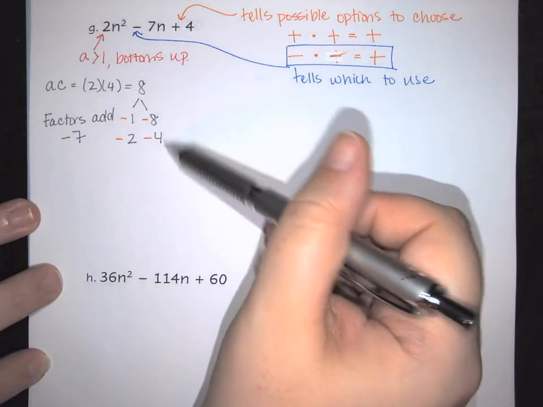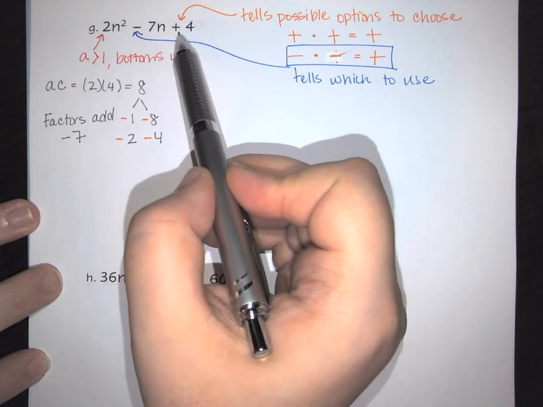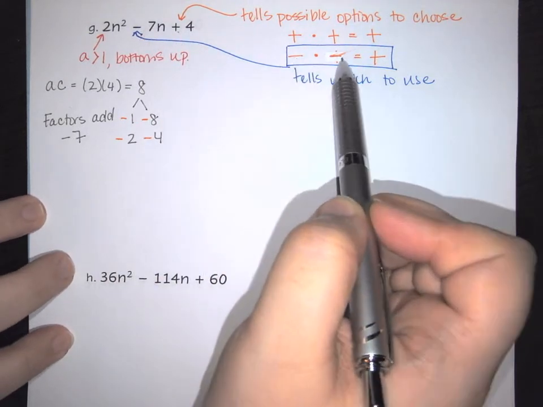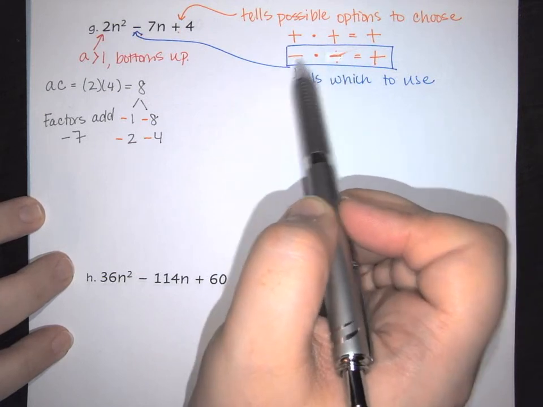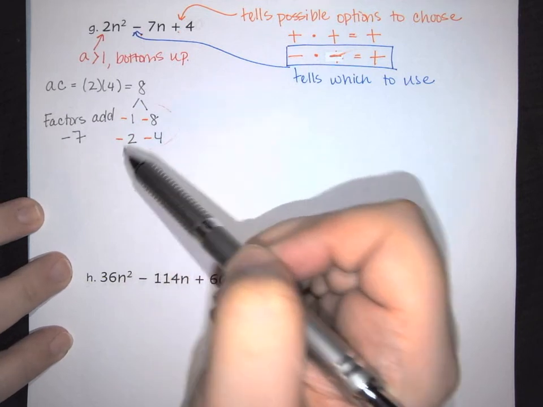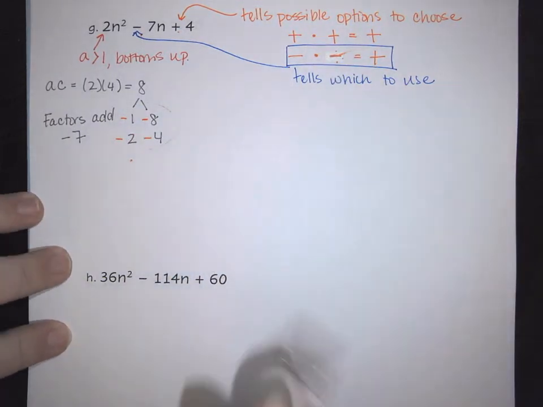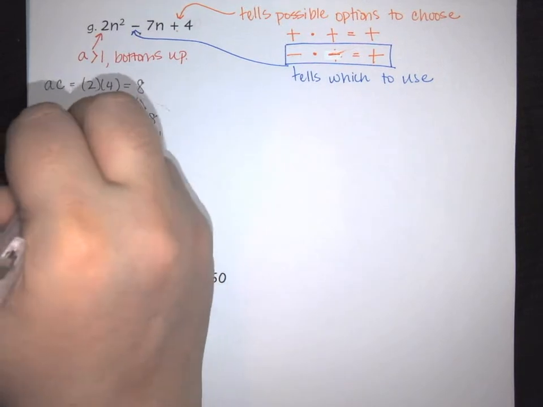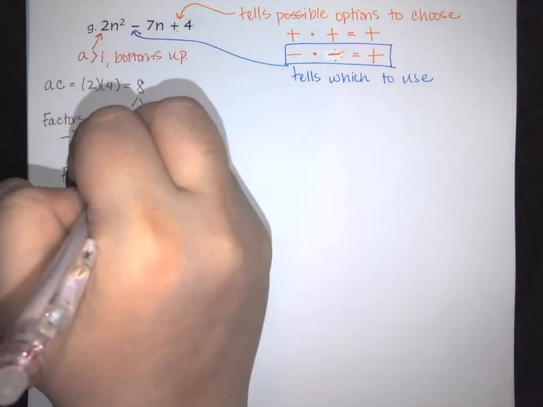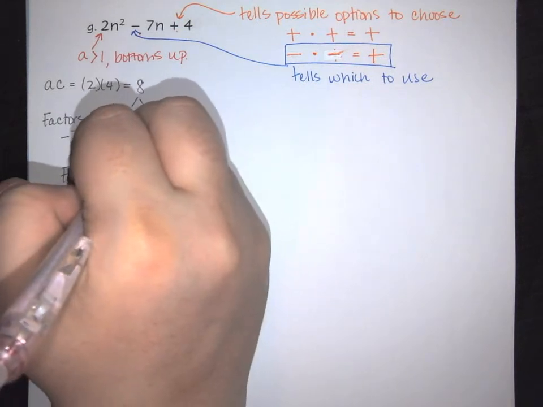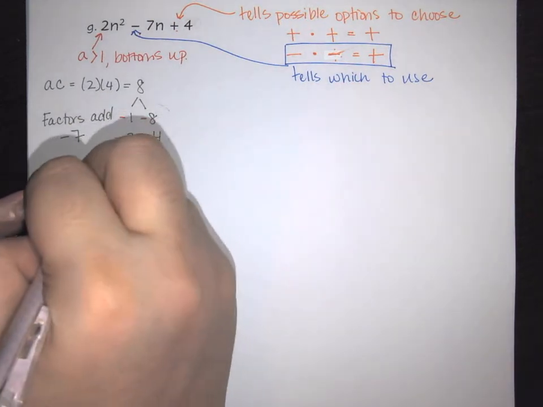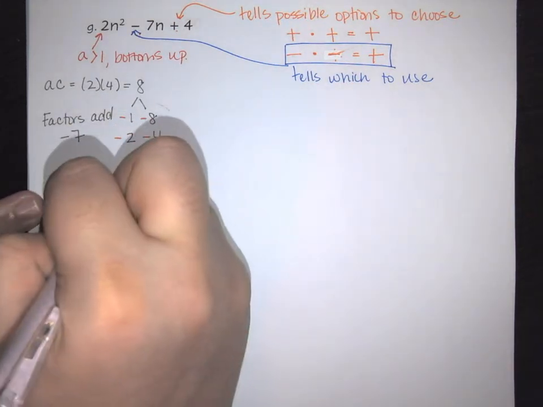Now, if you take a look at these combinations, because of what we have, multiplying to the positive but adding to a negative, we already said that the option we had to use here was negative, negative. So that makes both of these negative, negative. So if I take a closer look at factors -1, -8, my b term is supposed to equal the -7.